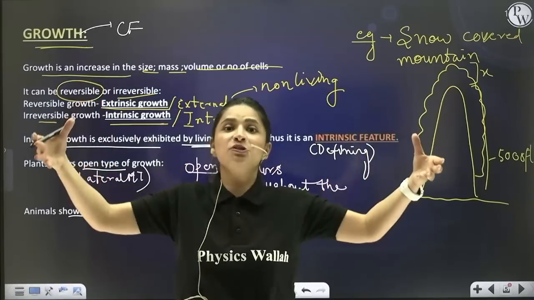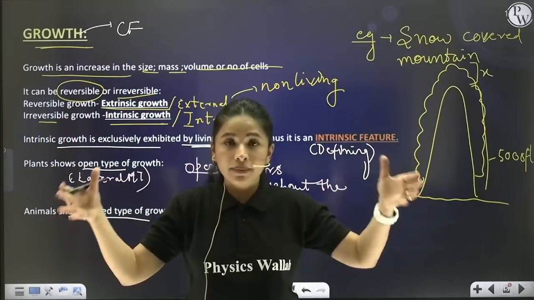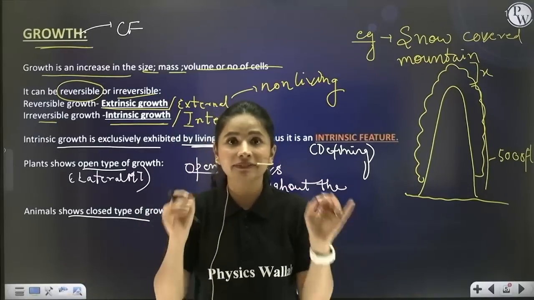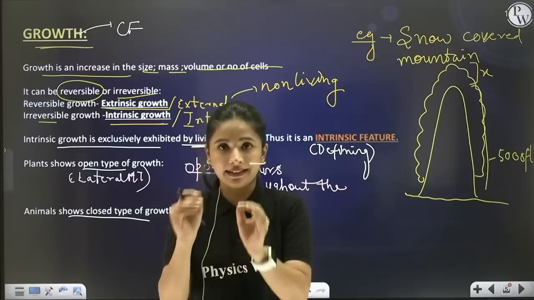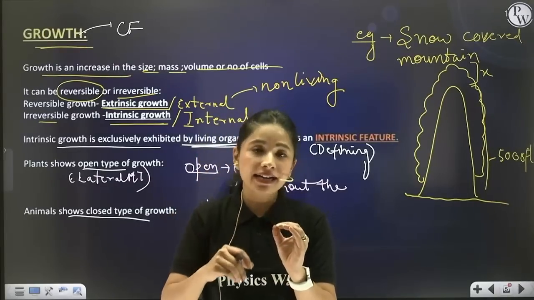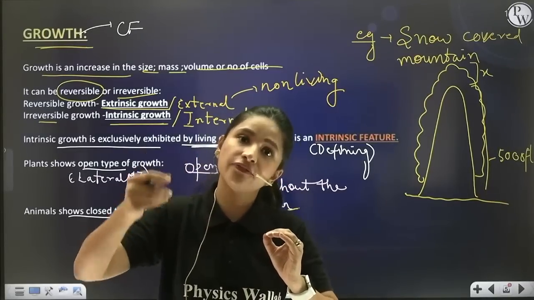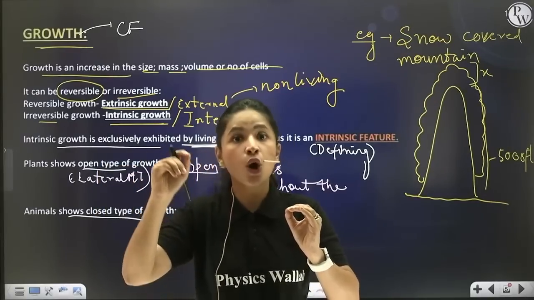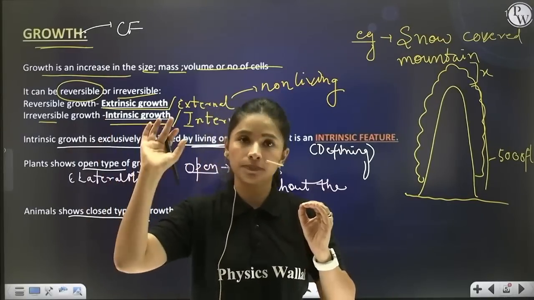It is again going to increase. So why? Because that mango tree in its stem and its root has lateral meristem. And that lateral meristem is responsible for adding new tissues every year. Thus, mango tree shows open type of growth.